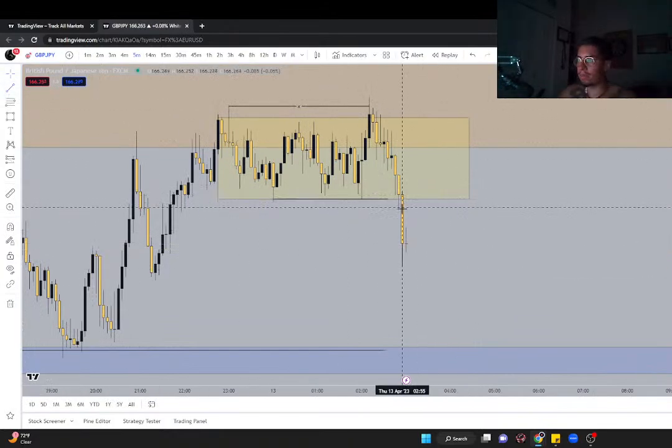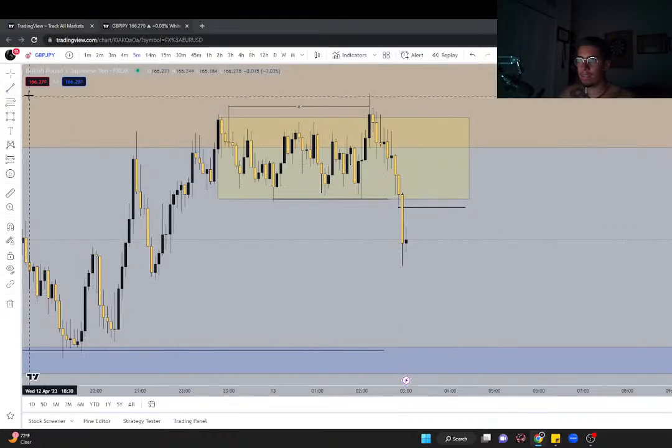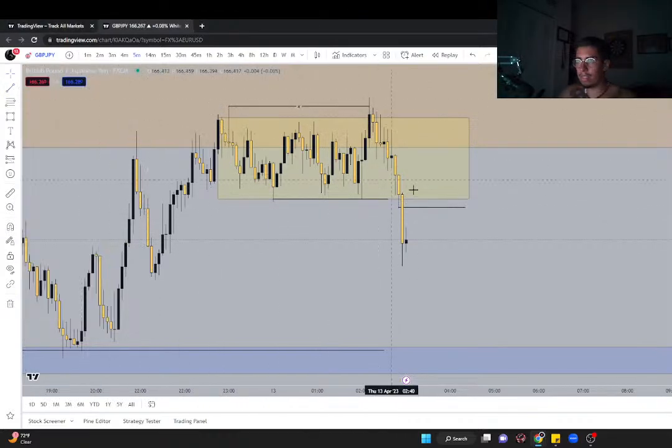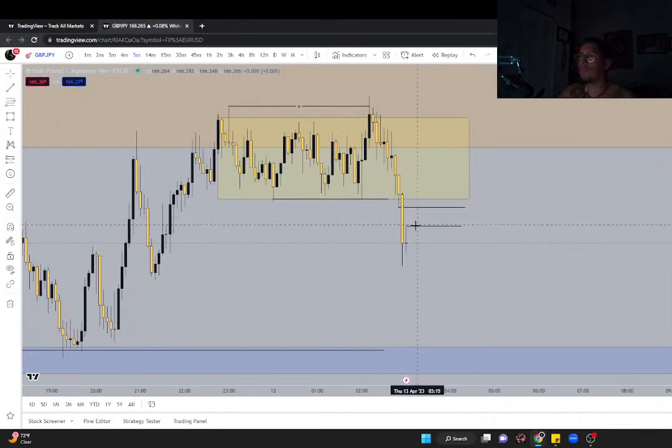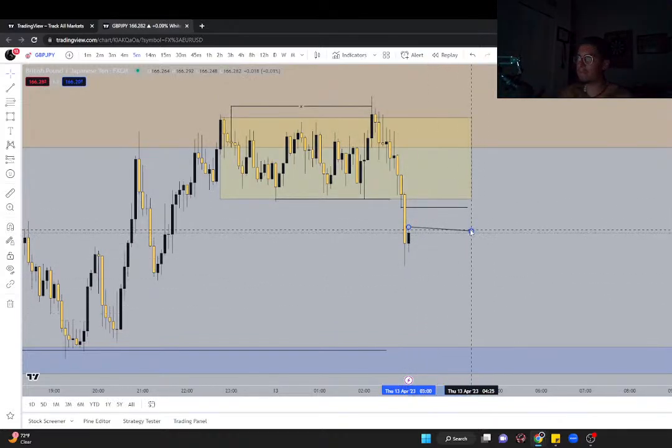I like this though. I definitely like this M5 right there that we're making. That's nice. Little M5 FPG right on top of that level that we just broke out of. That's very nice.